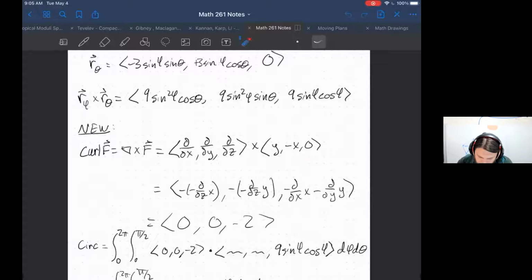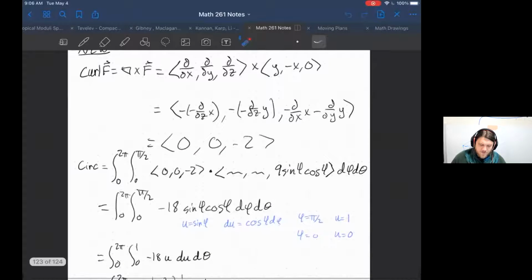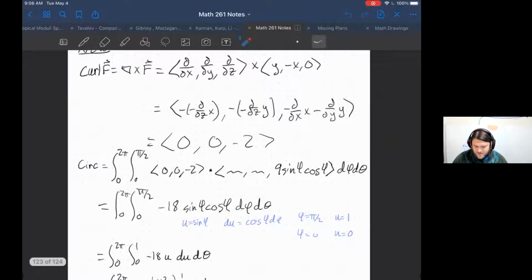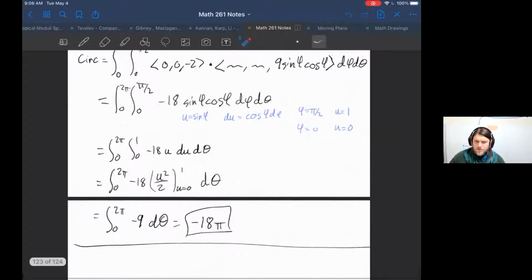If you substitute in your surface early, so you say y is this and x is this, then if you try to take the partial derivative with respect to x or y, you're out of luck there. It won't make a whole lot of sense. So just hold back a little bit, take the partial derivatives, and then you get this vector 0, 0, -2 in this case. Plug everything into the surface integral, and go through and compute it.